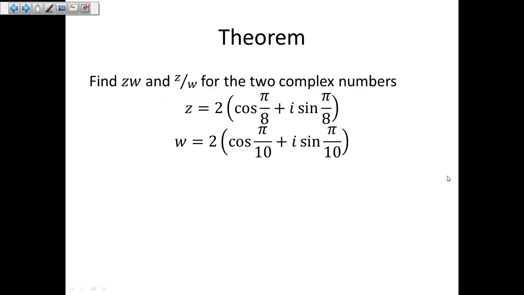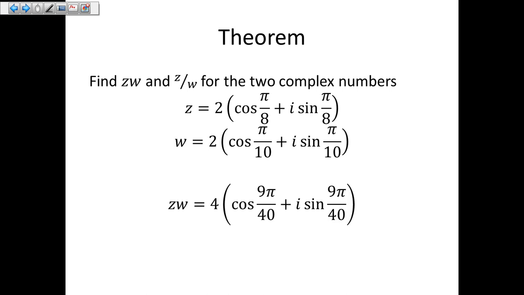So let's go ahead and take a look at an example. We have 2 complex numbers, z and w, and we want to find the product and the quotient of these 2 complex numbers. They're already in polar form, so I just have to apply those 2 equations from our theorem. We multiply the 2 radii, we get 4. I'm going to add these 2 angles, pi over 8 and pi over 10. I need to get a common denominator to do that. So 5 pi over 40 and 4 pi over 40.